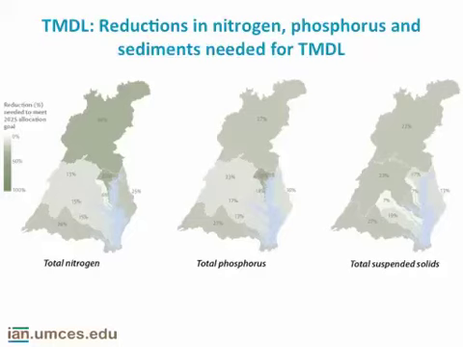When we take the TMDLs and plot them out on a map of the watershed, what we see are trends for nitrogen, phosphorus, and total suspended solids. And the urban and agricultural lands pretty much dominate where the nitrogen and phosphorus sources are.